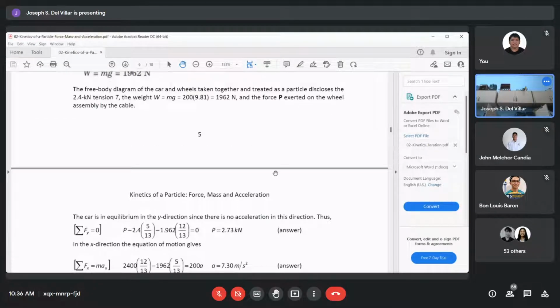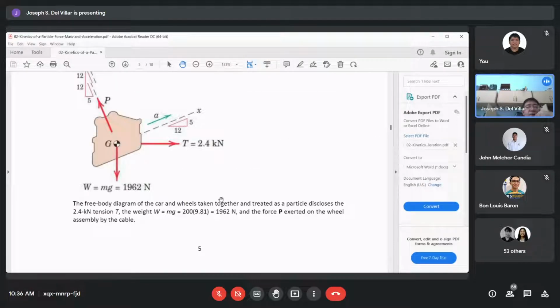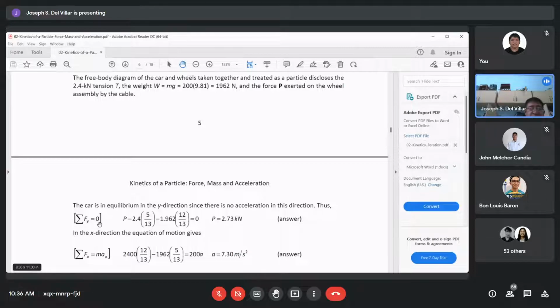So the car is in equilibrium in the y direction since there is no acceleration. No? So the summation of all forces along y is 0. Because the car is moving only horizontally. So here, summation of Fy is 0.